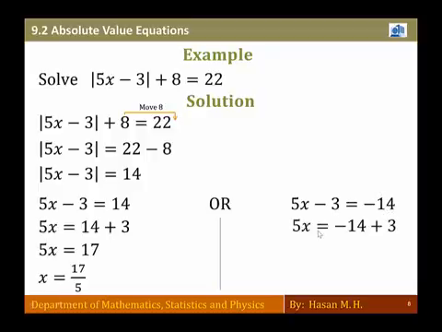We will have 5x equals negative 14 plus 3. Negative 14 plus 3 is negative 11. We will have 5x equals negative 11. Divide each side by 5. We will have x equals negative 11 over 5.